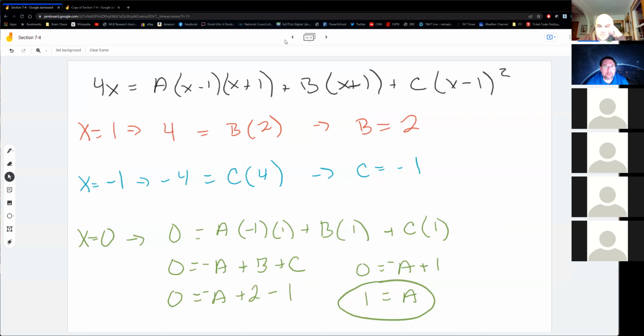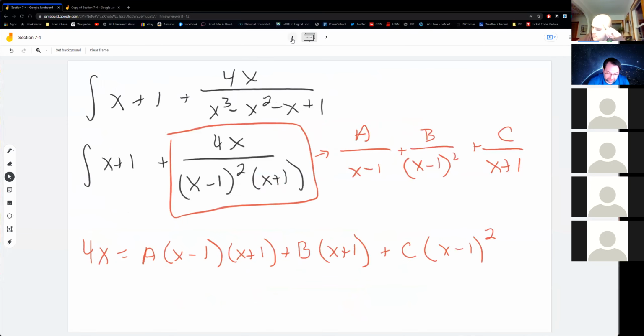All right. So we go back to my original problem. So my original problem was x plus 1. And now I split up my thing. So my A was 1.